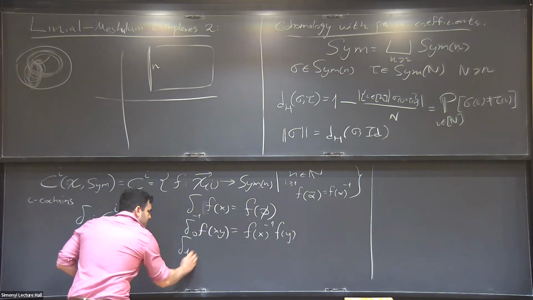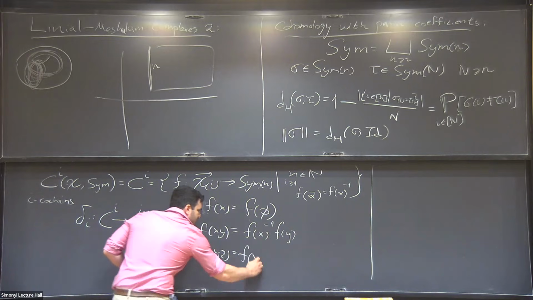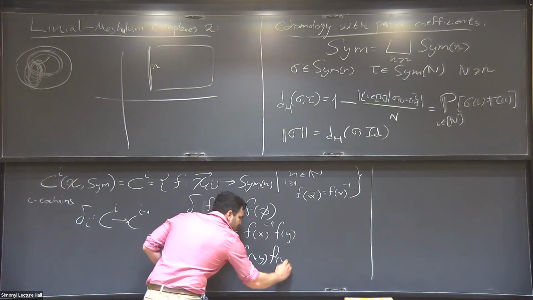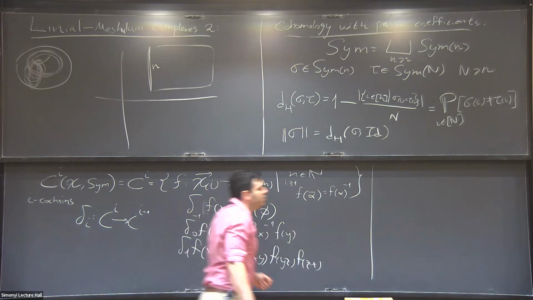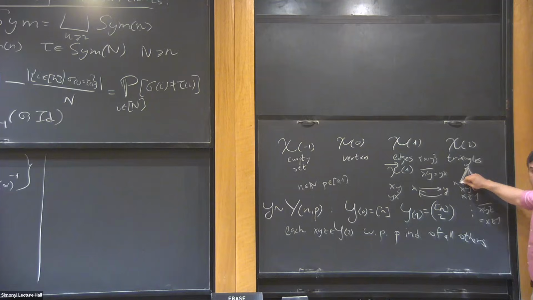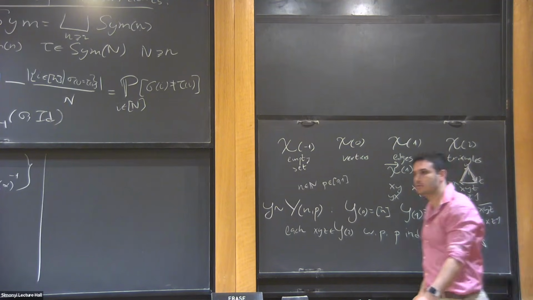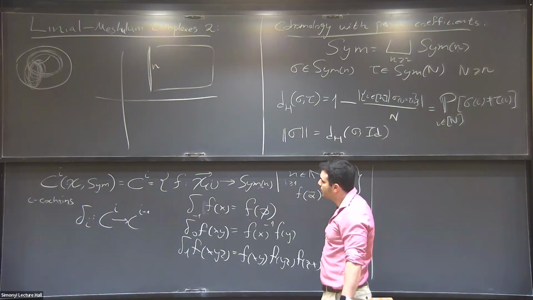And lastly, delta 1 of f at x, y, z is again just f of xy, f of yz, f of zx. So I go around the triangle according to the orientation, and I just take the product of the correct orientation of edges when I go over. So that's the delta 1 of f at x, y, z.